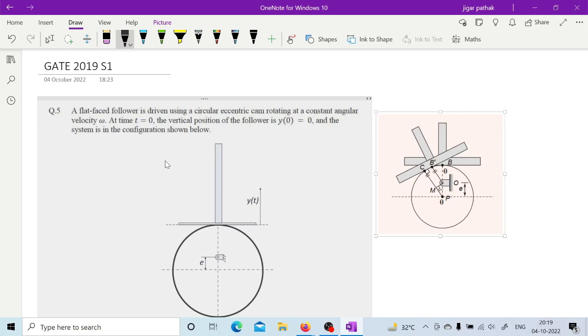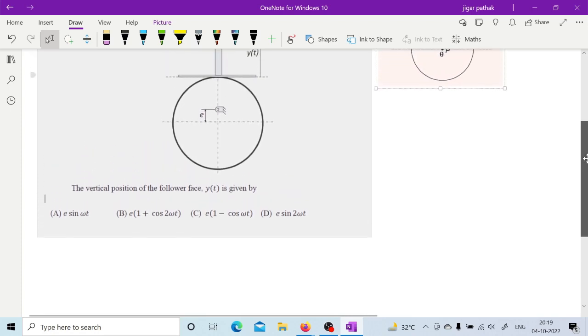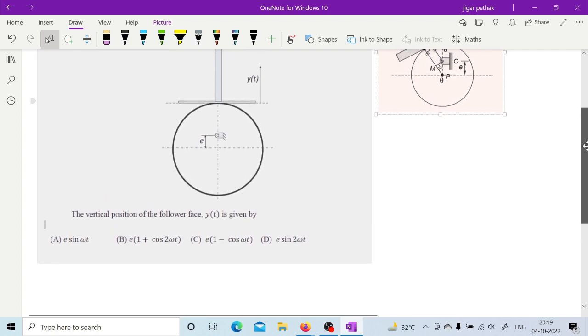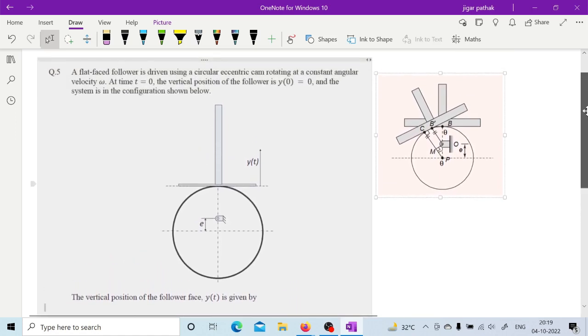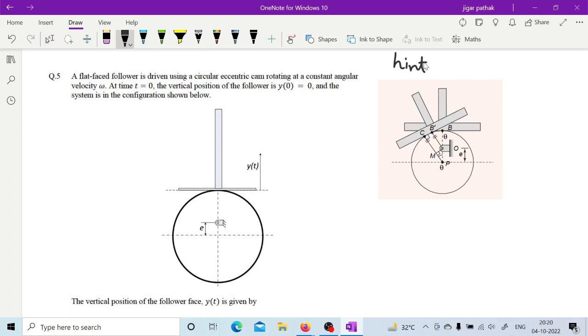Here an offset follower is provided, and you need to calculate how the vertical position of the follower face, y(t), varies. For that I have provided this hint, so you can use it to find y(t).